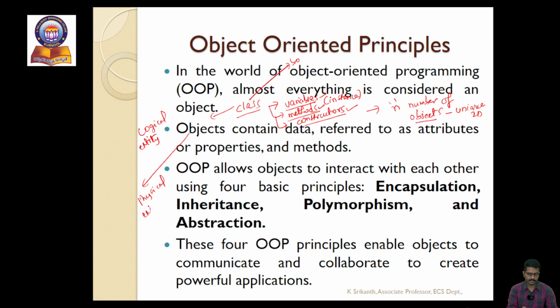Physical entity means the compiler allocates memory. So every object has memory: the memory for the class variables, the memory for methods, the memory for constructors. So this is a very basic concept of class and object.